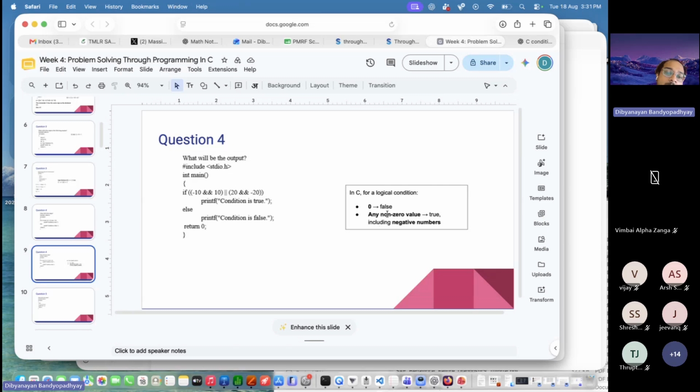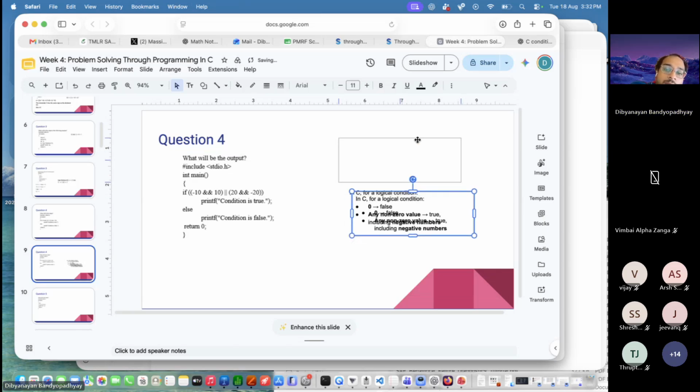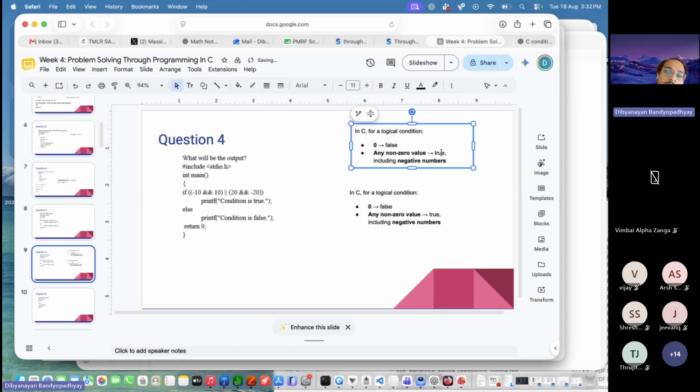Correct. So let me clarify once again. Try to see the box inside carefully. Inside the box, it is written that any 0 means it is false actually. So when you evaluate -10 and 10, -10 means 1, correct? Because any negative number or positive number doesn't matter.